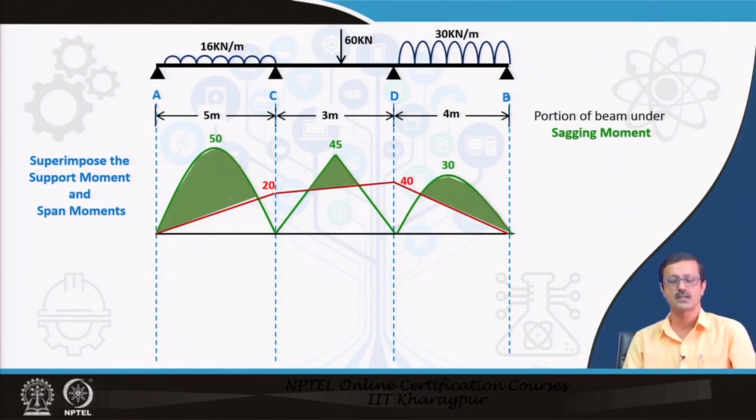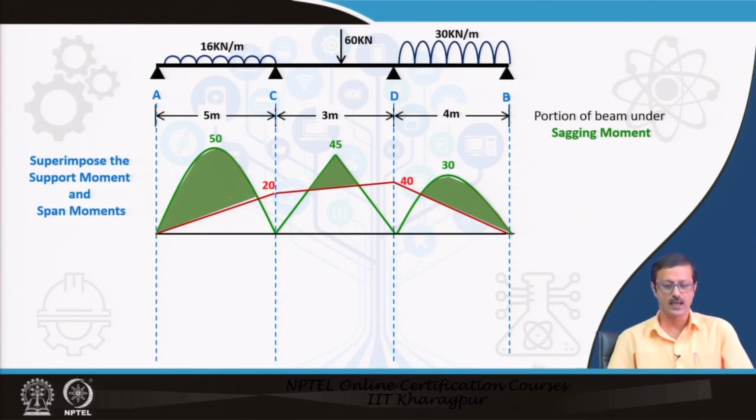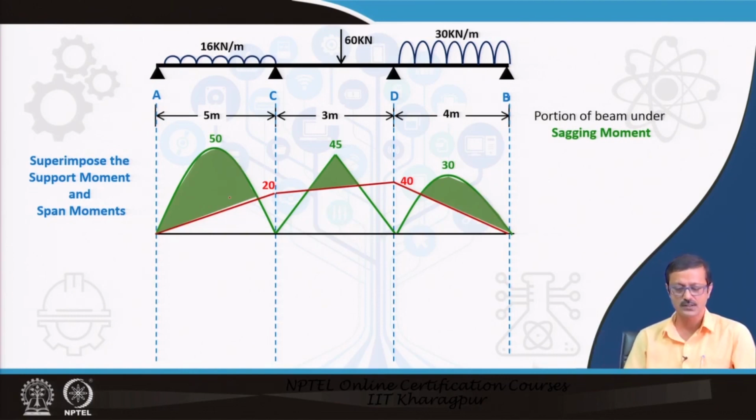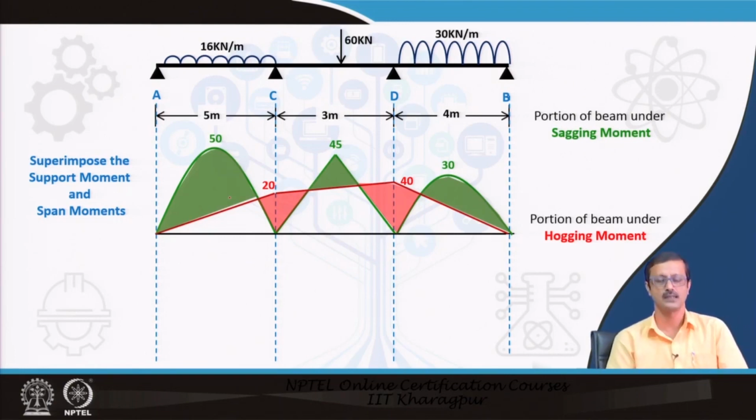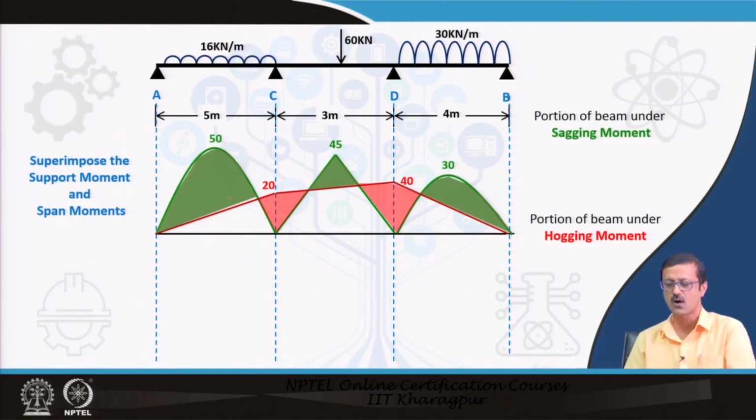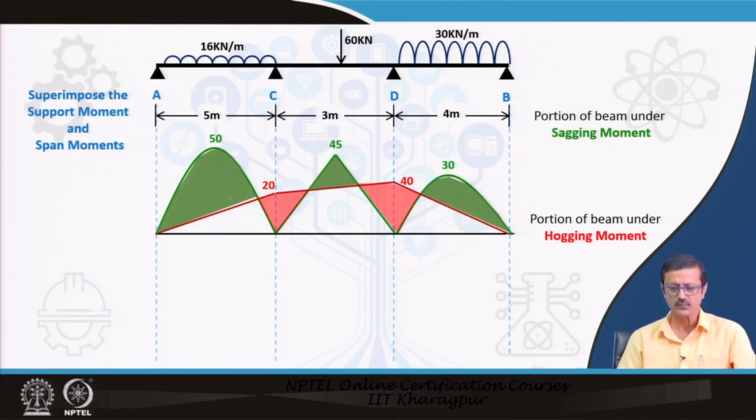Positive means the sagging moment area, that is, tension in the bottom. The rest, which is still red, the two small portions near the support, will be the hogging moment area or support moment area, that is, tension at the top. Now I am interested in finding the actual moment in this green area.